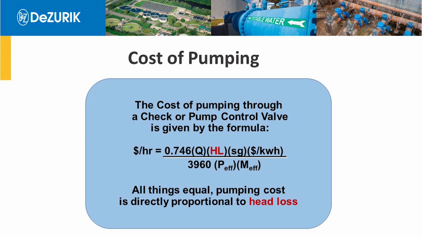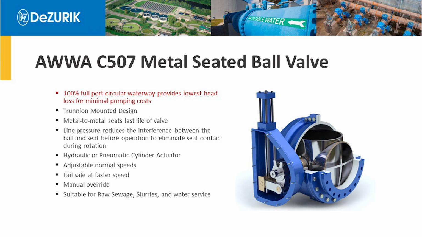Generally, when you have applications where you have continuous pumping, such as a finished water pump station in your water treatment plant, or maybe a sewage lift station that runs 18 hours a day, lifting that wastewater to the treatment plant, the more efficient the valve, the more efficient the system.